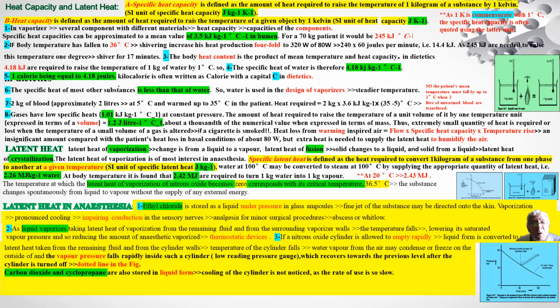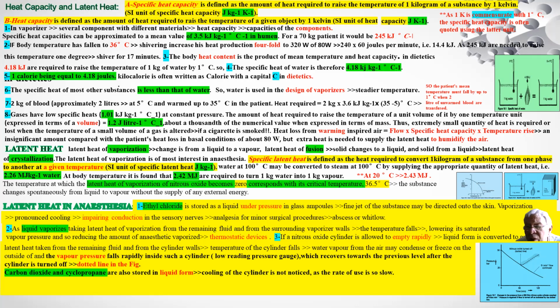Latent heat in anesthesia. You have ethyl chloride, which is stored in a compressed bottle, of course, so that it is in liquid form. Whenever I create fine drops by pressing, these drops will cause cooling of the area of the skin, and this is capable of abolishing the sensation, for example, in a whitlow.